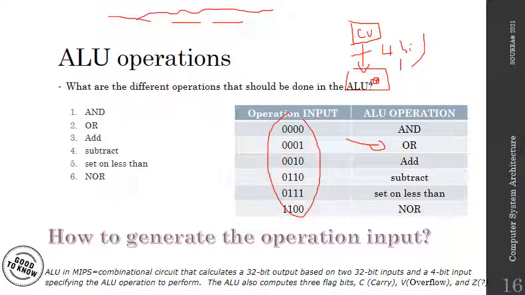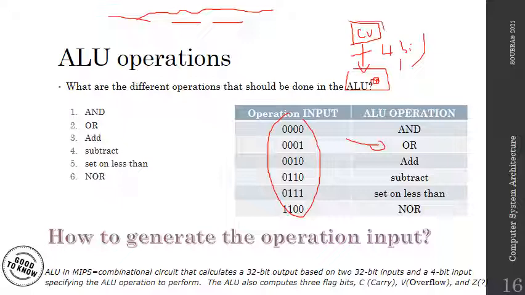However, I need to know what kind of operation will happen with the instruction that I'm dealing with. Fair enough? If it's a memory instruction, I need to find out what kind of operation. If it's an R-type ALU operation or a branch operation, I need to know what kind of operation should happen inside of the ALU.